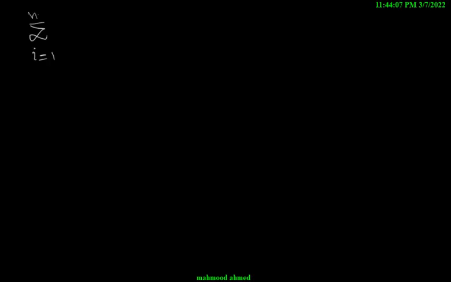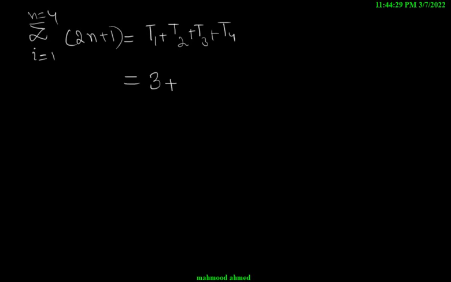So for this expression, as we have discussed, i is equal to 1 to n is equal to 4 of 2n plus 1 means you have added t1 plus t2 plus t3 plus t4, and you have seen that t1 is 3, t2 is 5, this is 7 and this is 9.